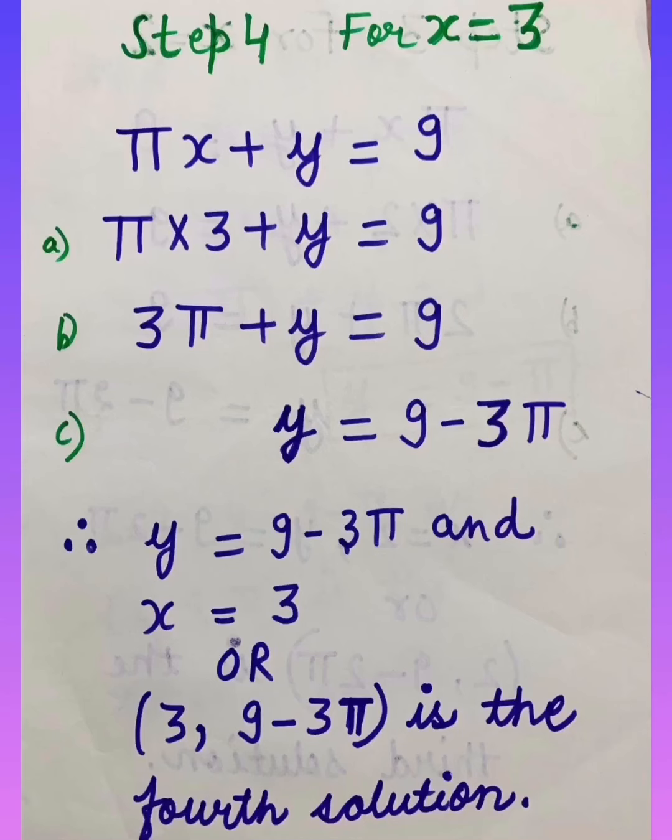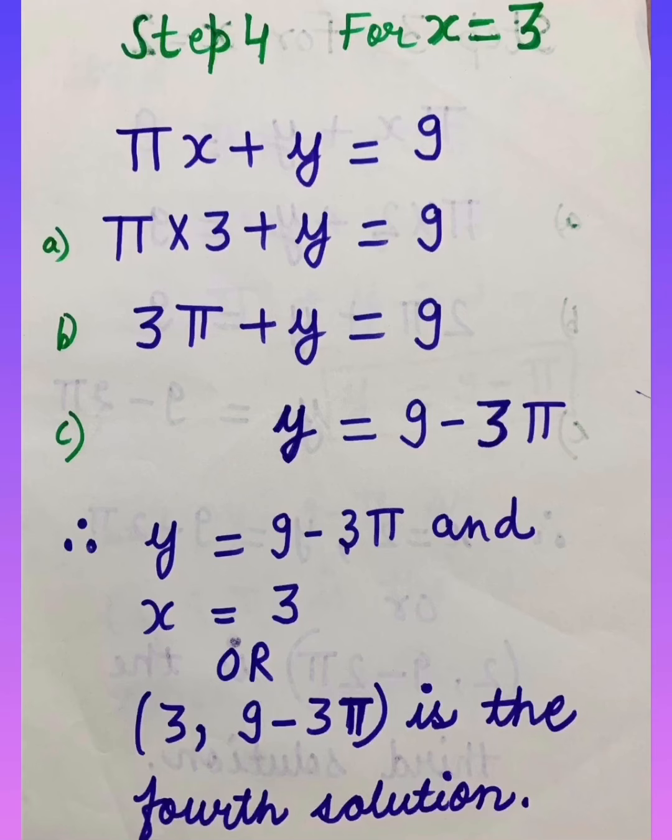So I will get y is equal to 9 minus 3 pi and x equal to 3. I assumed the value of x as 3 and I found the value of y is equal to 9 minus 3 pi, or I can write it in the form of coordinates, (3, 9 minus 3 pi) is the fourth solution.